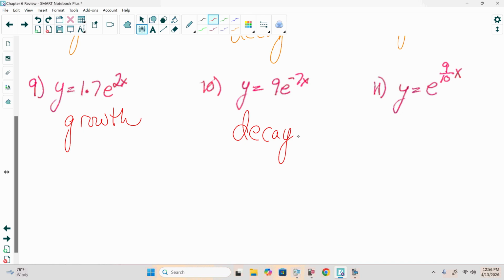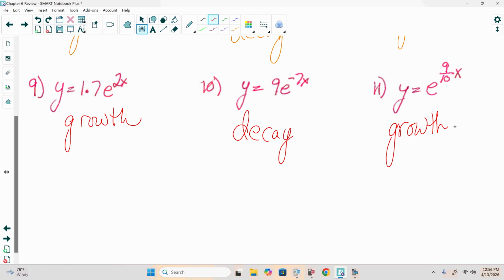It really doesn't matter what the number in front of e is. That exponent's negative, so it's decay. And how about number 11? It'd be growth. Now, even though we have e to the 9/10 x, that 9/10 is positive.